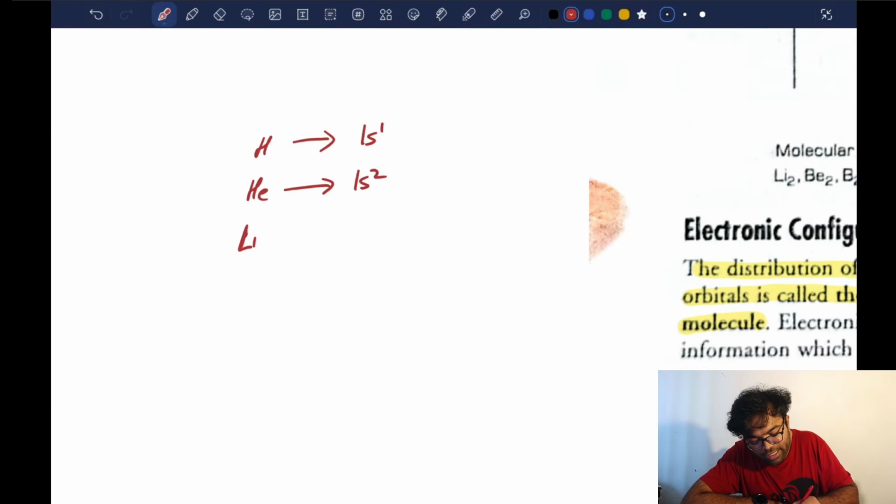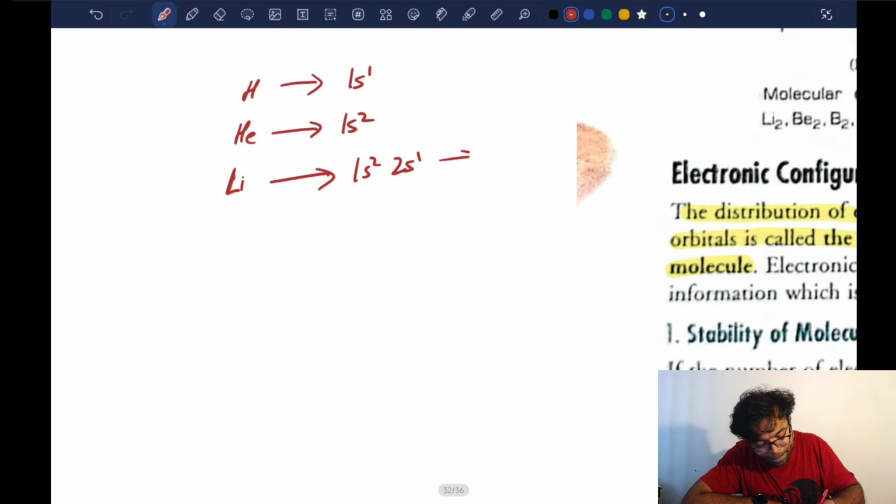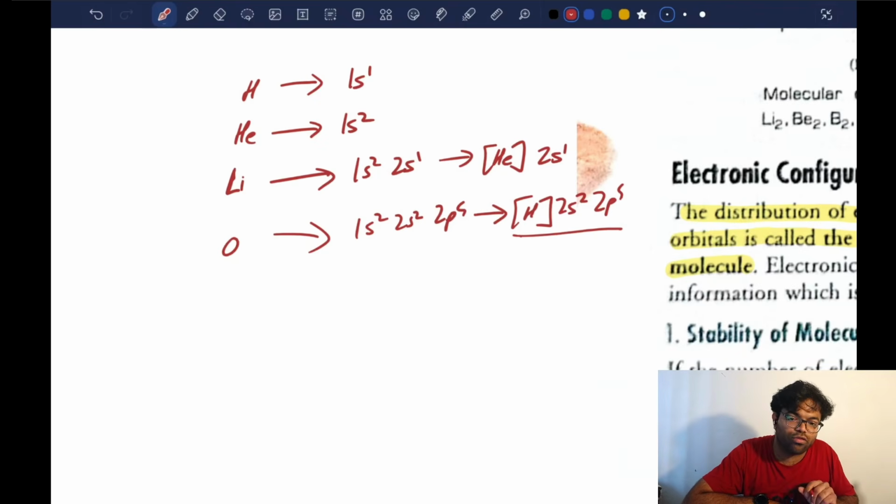In the case of lithium, it was 1s2, 2s1, or simply helium 2s1. And in the case of oxygen, what was it? It was 1s2, 2s2, 2p4, or simply helium 2s2 2p4. Do you remember this electronic configuration that we used to write for the atoms?